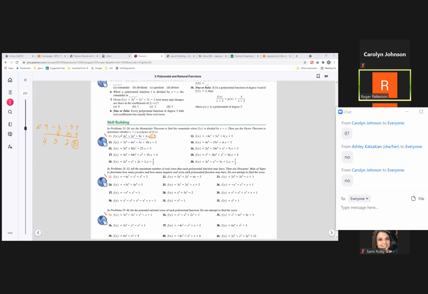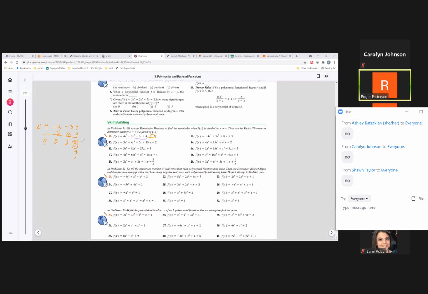Then use the factor theorem to determine if it's a factor. If it's a factor, that means it's an x-intercept. So is 2 an x-intercept of this particular one? Assuming that I did everything correct here. No. That's right. It has to be 0 there. My remainder has to be 0 in order for that to happen. That's how you do those.